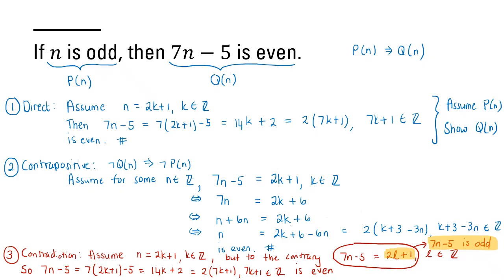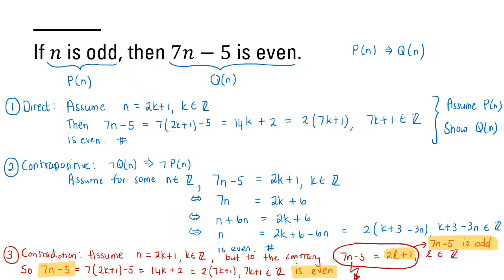And in the same breath, we've shown here that expanding 7n minus 5 gives us an even number. This is our big contradiction. We cannot have a number that is both even and odd at the same time. So this means the assumption that we made, P as well as not Q, was a false assumption. It was a wrong assumption. And this means the original statement was actually true.